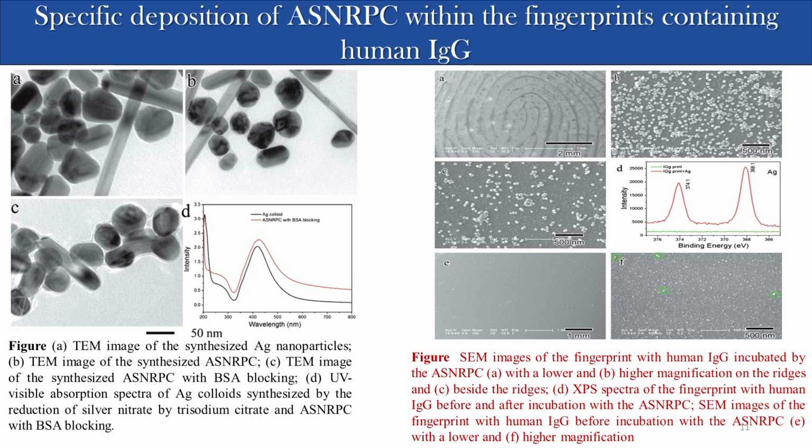You see this is an electron microscope, this is UV-visible spectroscopy, this is I think a scanning electron microscope, this is a tunneling electron microscope, scanning electron microscope, UV-visible spectrum, XPS, photoelectron spectroscopy.